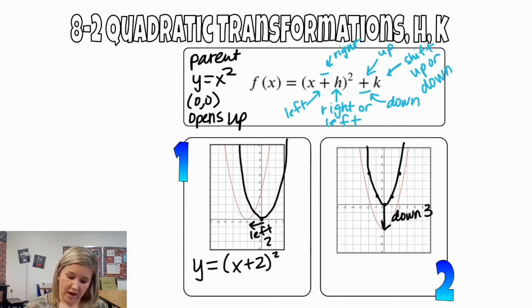And so therefore, I'm going to have y, or f of x, equals x squared minus 3. Notice the difference between those two. If it's inside the parentheses, it's going to shift right or left. If it's outside the parentheses, it's going to shift up or down. So that's just a single transformation, just a single shift. Either we have left or we have down there.